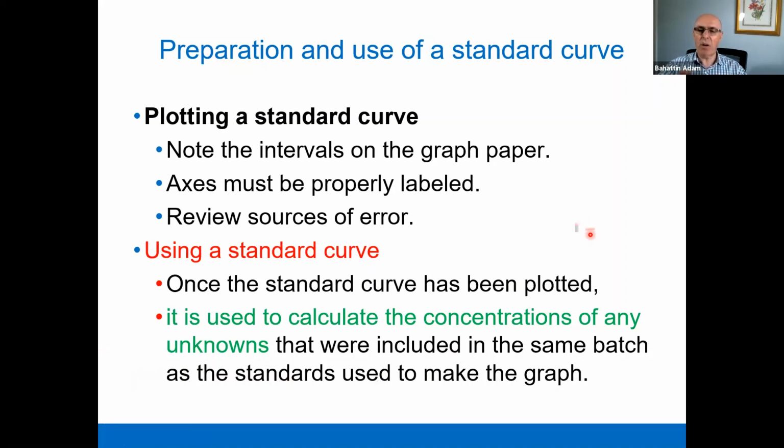Once the standard curve has been plotted, it is used to calculate the concentration of any unknowns that were included in the same batch. If we need to measure an amount of glucose or cholesterol in a blood sample, we prepare a standard solution of glucose at different concentrations.